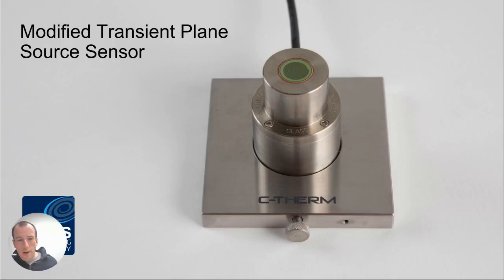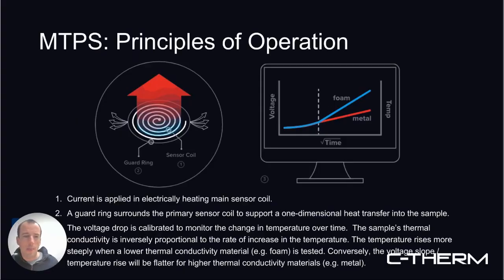So because ARIA is going to reference quite extensively the application of the MTPS here, I wanted to explain a little bit further how it works. It is a one-sided interfacial measurement. The main part of the sensor is illustrated on the left, and you see this coil, and then around the coil is another ring.